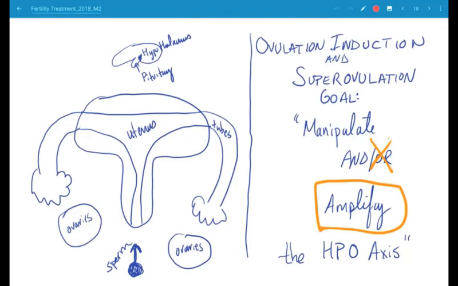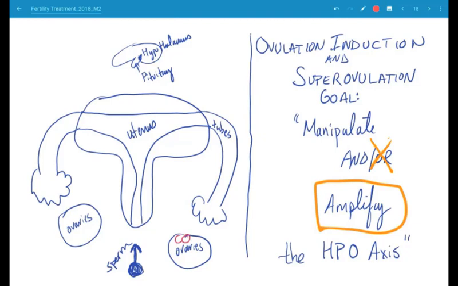So again, remember what we're talking about when we talk about fertility treatment. We're talking about ovulation induction, and superovulation is usually the goal. And the goal of these treatments is ultimately to manipulate and/or amplify the HPO axis. Well, when we're doing assisted reproductive technology, specifically IVF, our goal is to manipulate and amplify the response.